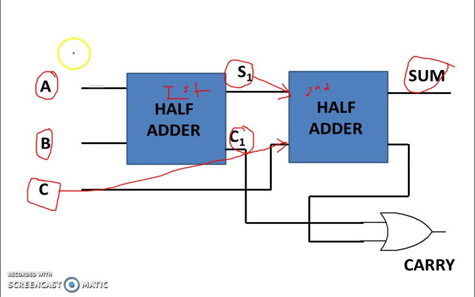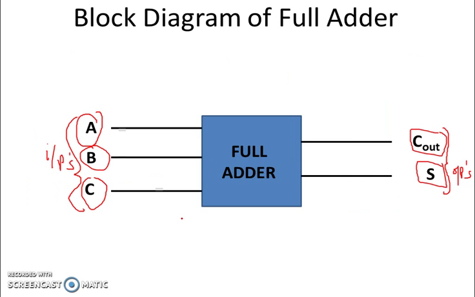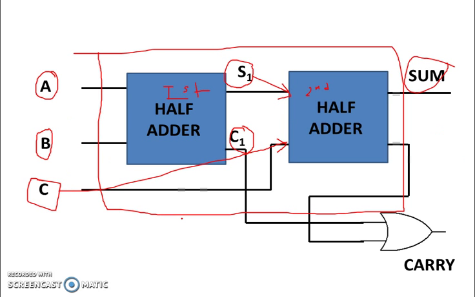So the entire block diagram is taking 3 bits as input and computing the sum, which is the function of a full adder. As we have already seen, a full adder takes 3 bits.